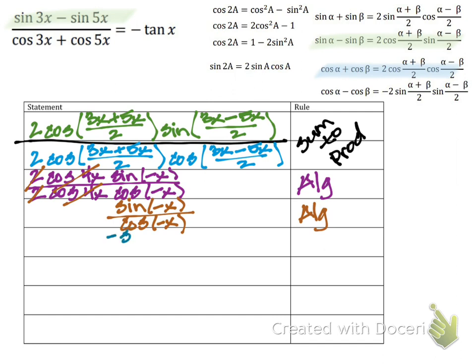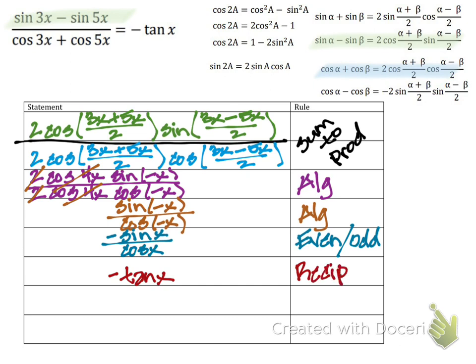So that would be negative sine x over cosine x by even odd. And then our last step would be negative tangent x by quotient. Sorry.